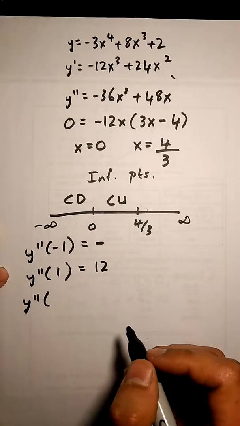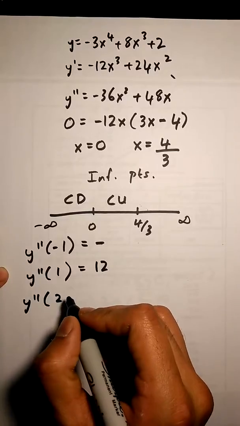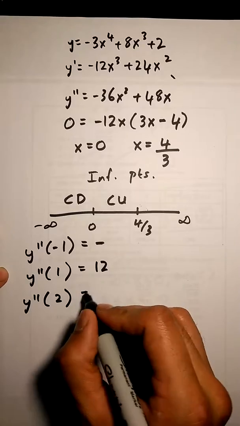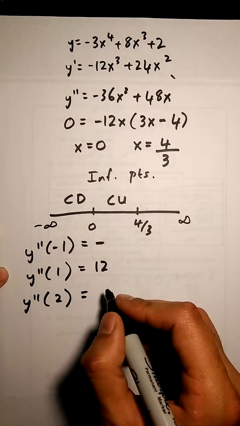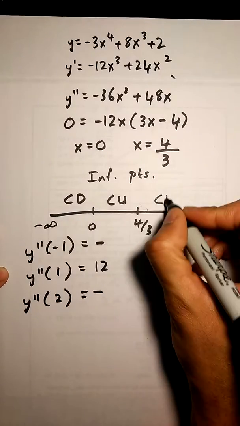Y double prime of 2, that's a negative as well, so we're going to get concave down.